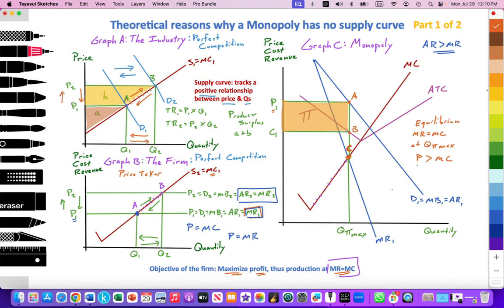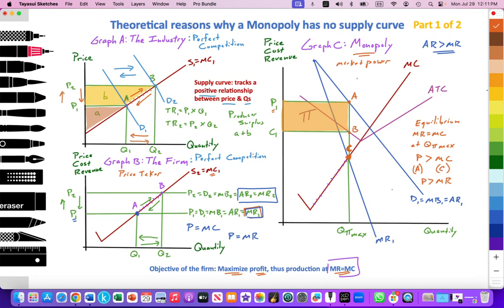The price at point A is greater than the marginal cost at point C. You can also argue that price is greater than marginal revenue. Again, at point A, this price is greater than the marginal revenue at point C. So because price is greater than marginal cost, that signals that the monopolist has market power.